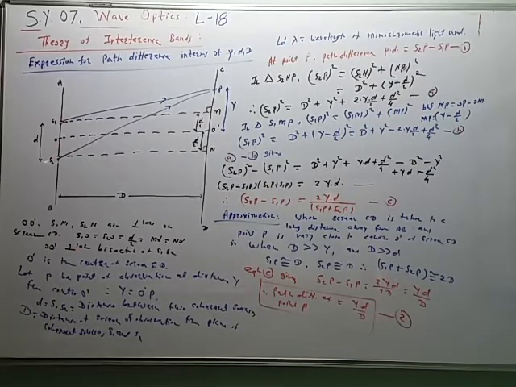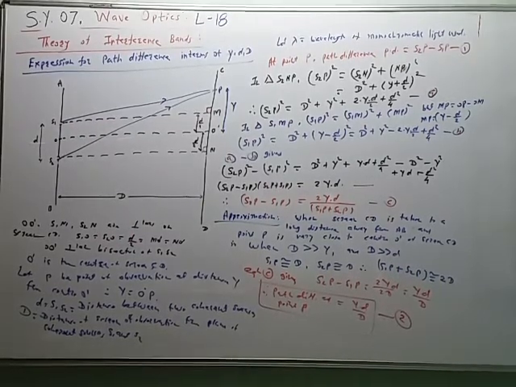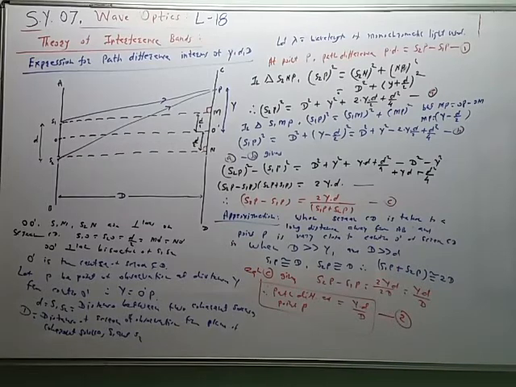So it is perpendicular to S1S2, and this angle is 90 degrees, and distance S1O is equal to distance S2O. The two coherent sources are separated by a small distance d, and therefore S1O is equal to S2O is equal to d by 2. Now these are perpendicular, so the distance between the two parallels remains the same. So this is d by 2, therefore this is also d by 2. So on the screen the various distances are like this.